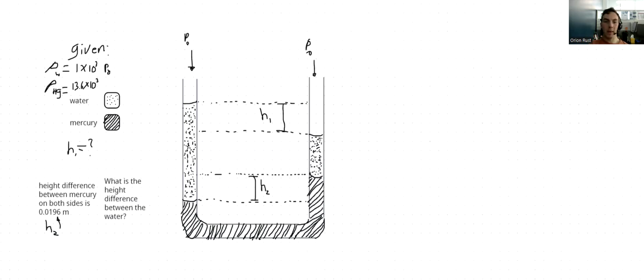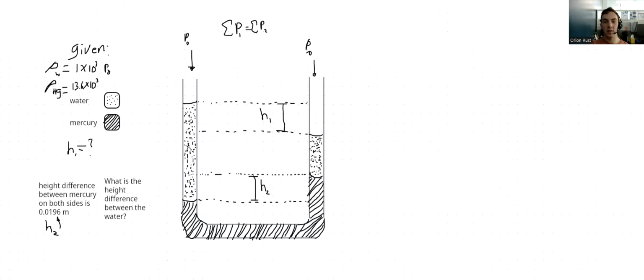So how do we go about tackling a problem like this? Well, we can use Pascal's law. The sum of all pressures on one side of a connected system is equal to the sum of all other pressures on the other side.